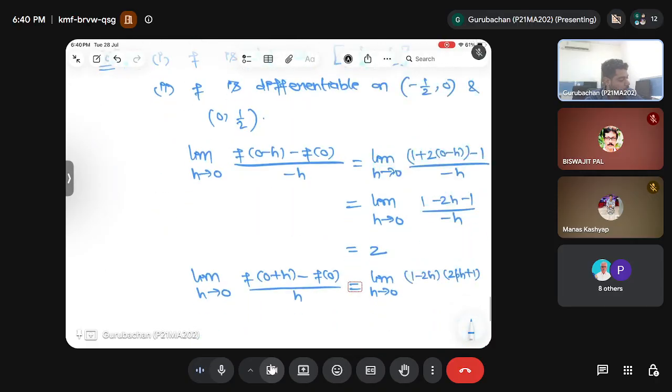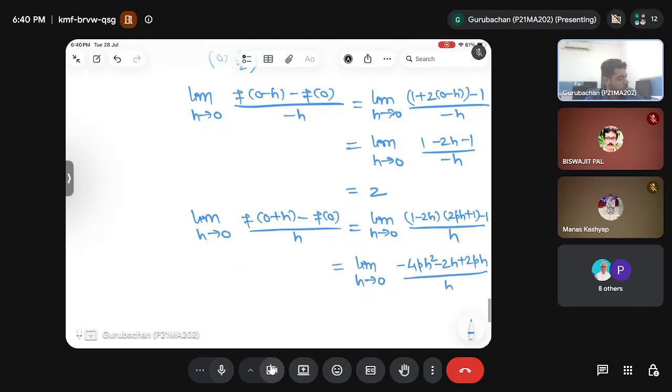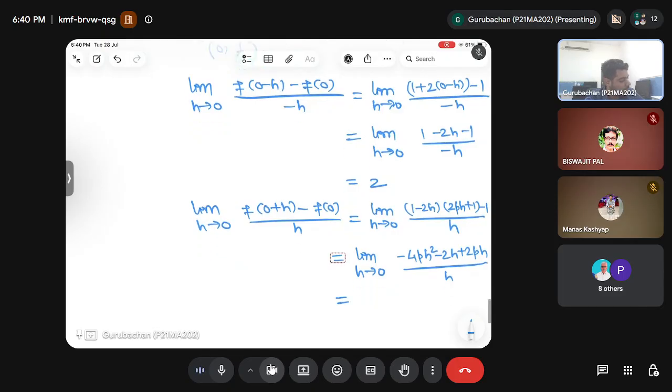So it will be 1 minus 1 divided by h, and when you solve it you will get minus 2p minus 4p h square minus 2h plus 2ph divided by h. So from here you will get minus 2 plus 2p.